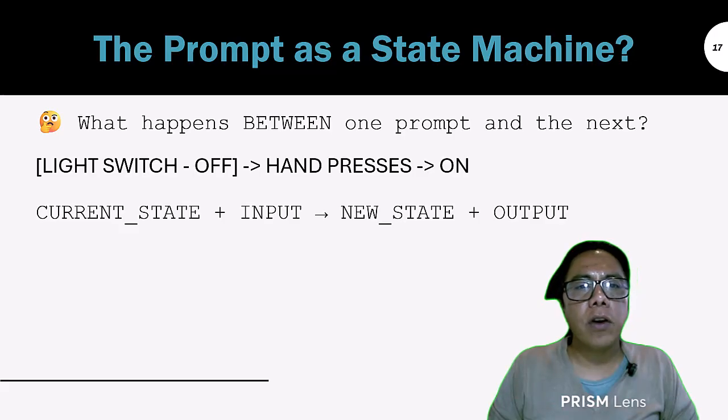State waiting for card, state asking for PIN, state processing transaction. The ATM cannot give you money if it has not first gone through the asking for PIN state. In symbolic prompting, we apply this same rigidity so that artificial intelligence doesn't skip a critical process.